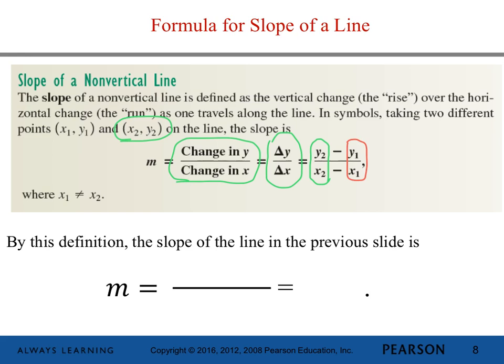And so by this definition, the slope from the previous slide would be, let's see, the change in y was negative 4 minus 5, and the change in x was positive 2 minus negative 3, because our points were (2, -4) and (-3, 5).